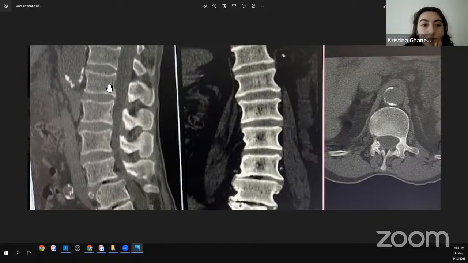So if you see the bone very well, then it's a bone window. Because if it wasn't a bone window, the whole bone would be white, and then you would see more graduation for soft tissue. So it's not a soft tissue window, it's a bone window. So CT of the lumbar spine in the bone window.